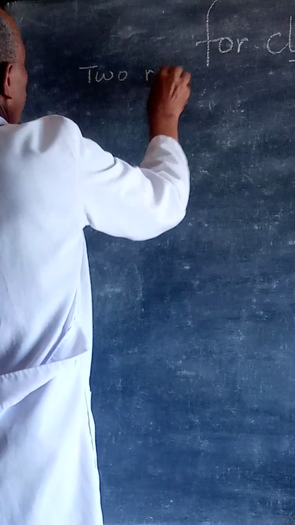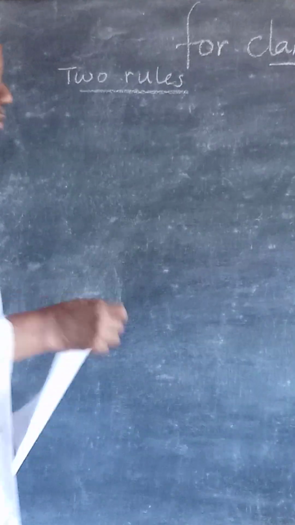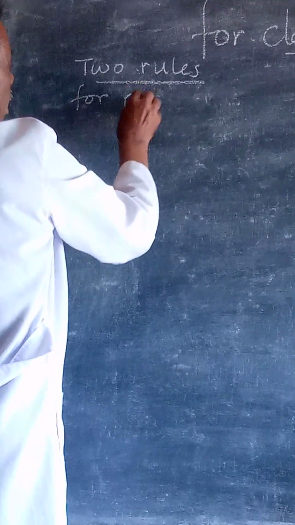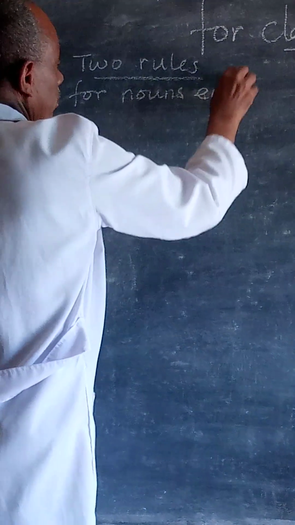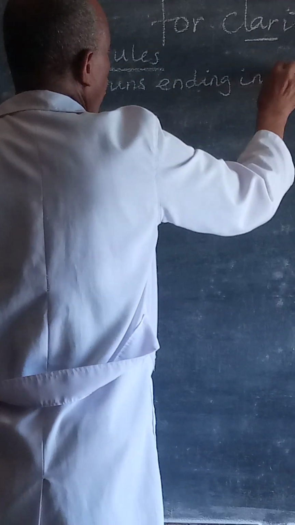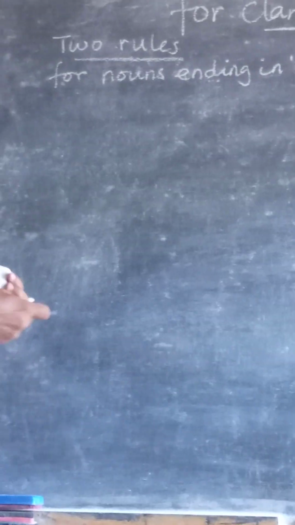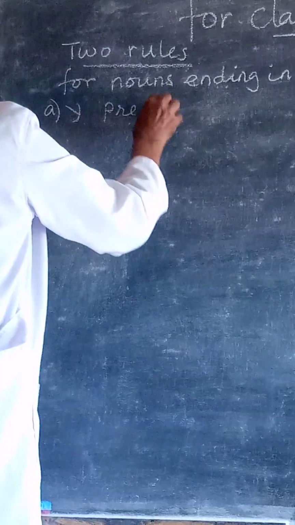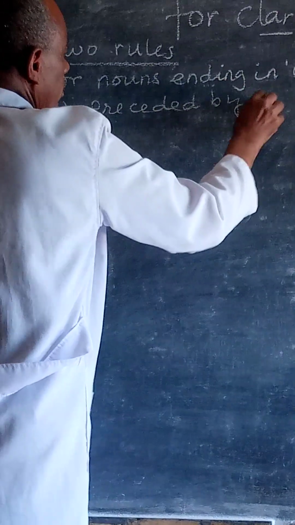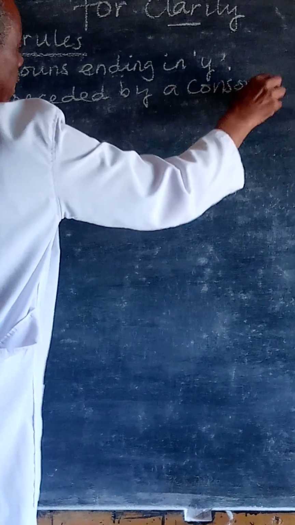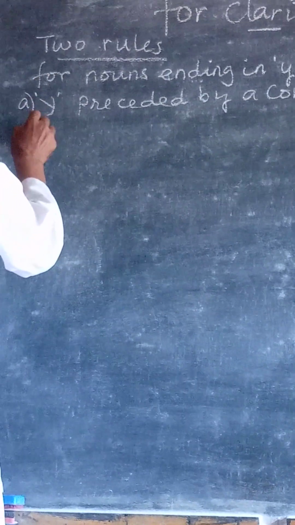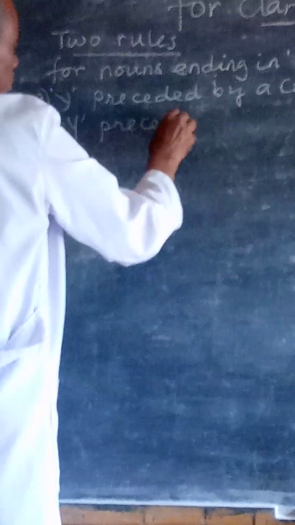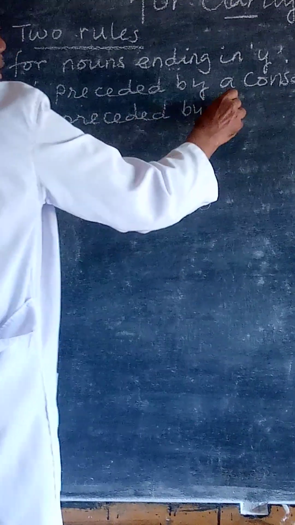Two rules are there for forming the plural forms of nouns ending in Y. These rules are: one, nouns that end in Y preceded by a consonant, and two, nouns that end in Y preceded by a vowel.